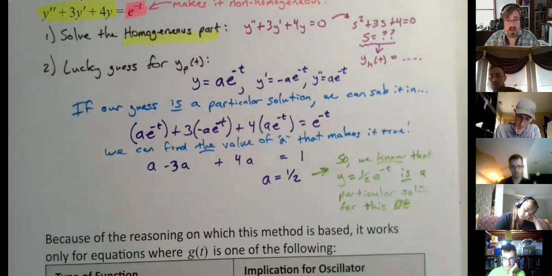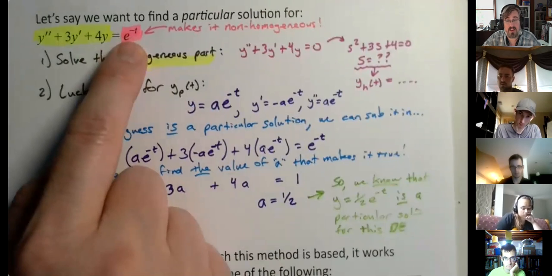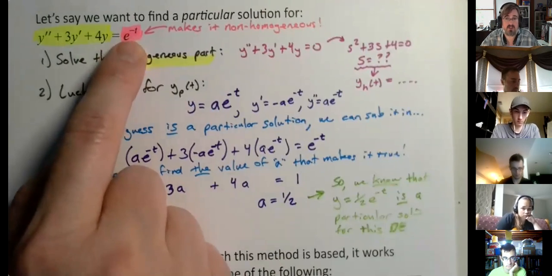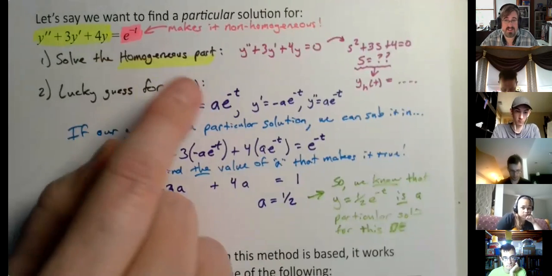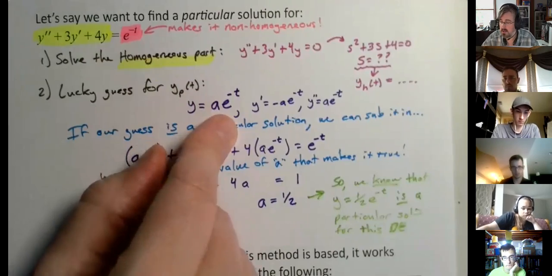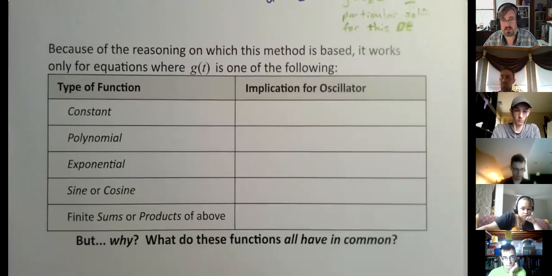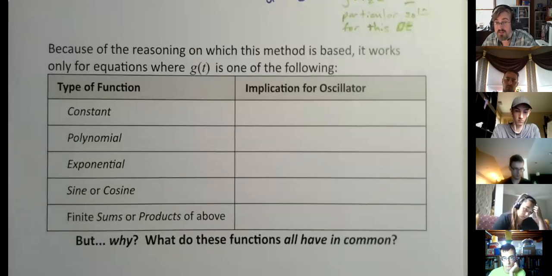And now one thing to notice is the forcing function in this case is an exponential function, right? And so with an exponential function, a reasonable guess is a modified exponential function. No big surprise. But there are other things that you could select for a forcing function. Because of the reasoning on which this method is based, it works really only for a certain few types of forcing functions.